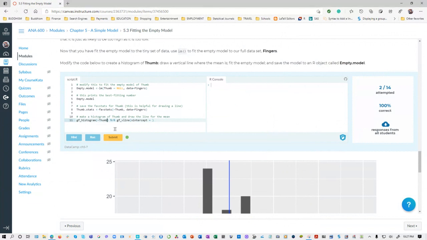After the tilde, you recall the data, fingers, and then chain with this vertical line and go to the mean. Tilde, mean of the favorite statistics. Now the data set would be the favorite stats, which is called thumb stat. Go to thumb stat and pick the mean.